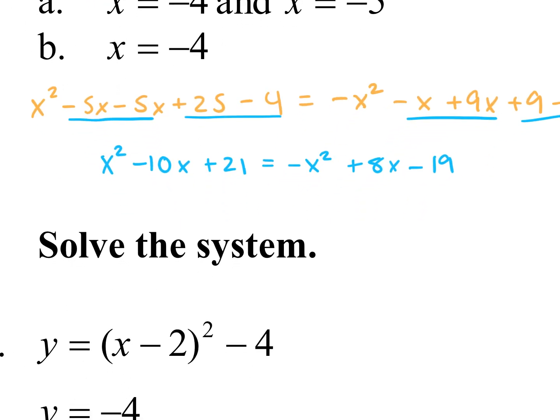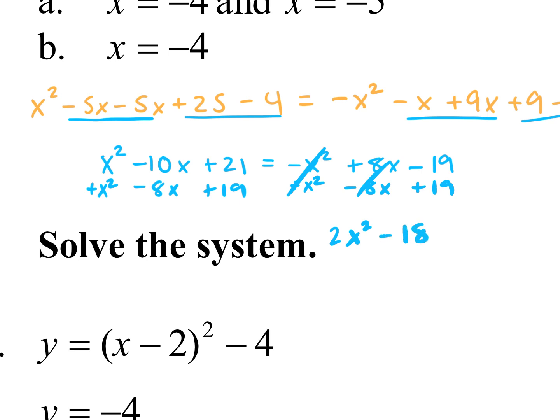Now we want to move everything to one side. So I'm going to add the x squared, subtract 8x, and add the 19. So move everything to the left. So I get 2x squared minus 18x plus 40 is equal to 0.